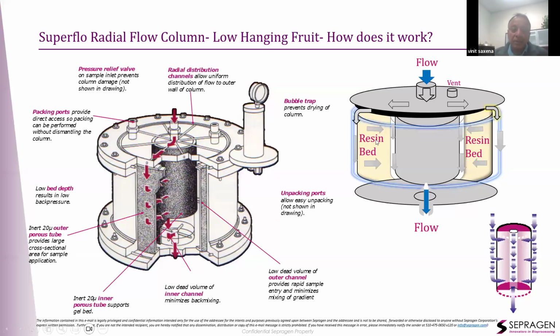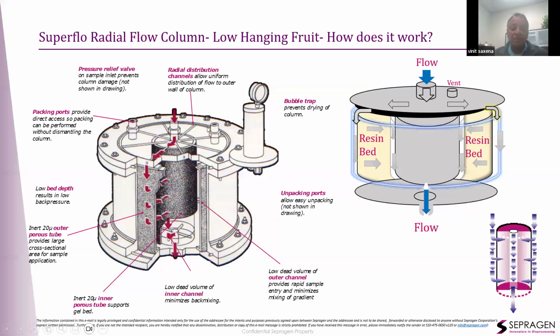Well, if you look at a conventional column, in this picture, the flow is applied to the top of the column, except there's a circular frit on the top, right? So there's a circular frit on the top, a circular frit on the bottom, and in between the frit sandwich is resin.